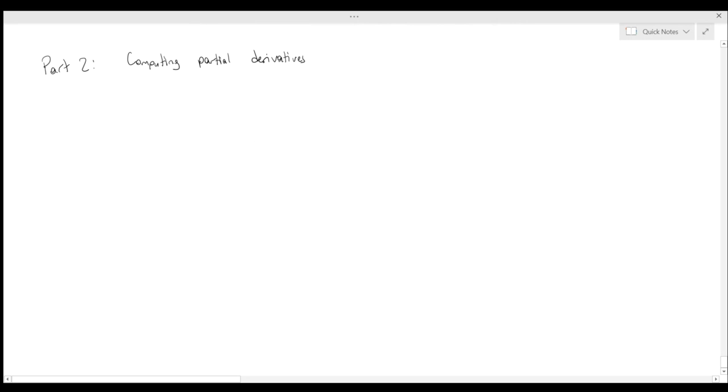Looking at part 2, I figured I would take a look at question 3, where we're given the function with the natural log in it. This one's pretty messy, but I figured I would just compute fx, fxx, as well as fxy.